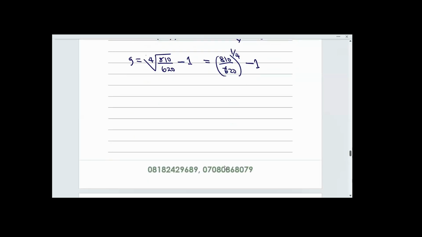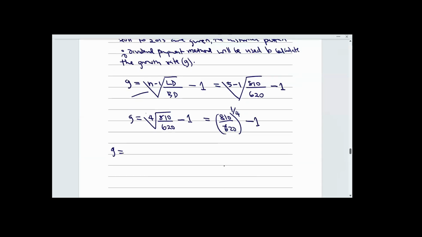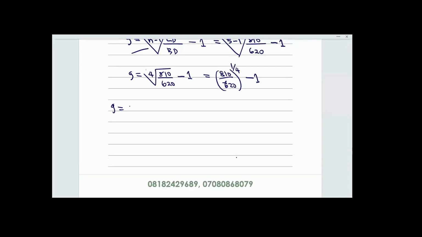Like I explained when we were dissecting the concept, you can convert this formula to G equal to LD divided by BD raised to power 1 over N.